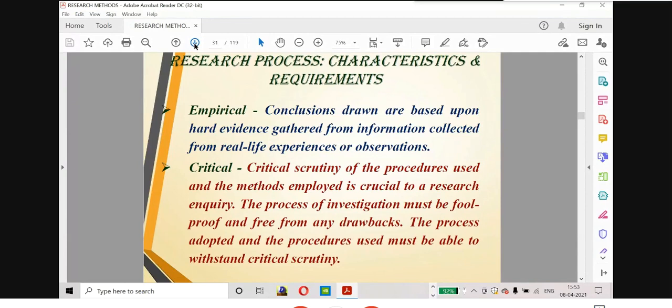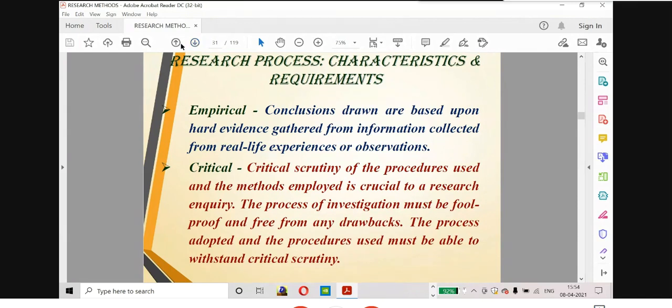Then critical examination of the procedures used and the methods employed is crucial to a research inquiry. The process of investigation must be foolproof and free from any drawbacks. The process adopted and the procedures used must be able to withstand critical scrutiny.